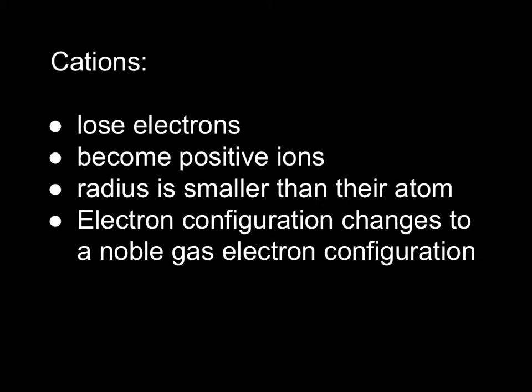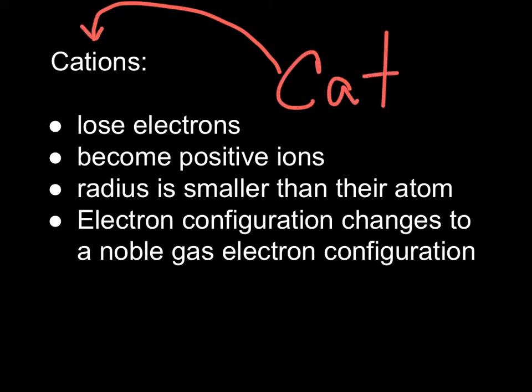Let's get into our notes, the definition about cations. Cations are positively charged ions. I tend to tell my students that you can remember cations are positive because if you write the word cation with a big plus in the middle, that plus will remind you that it is a positively charged ion. So they lose electrons.